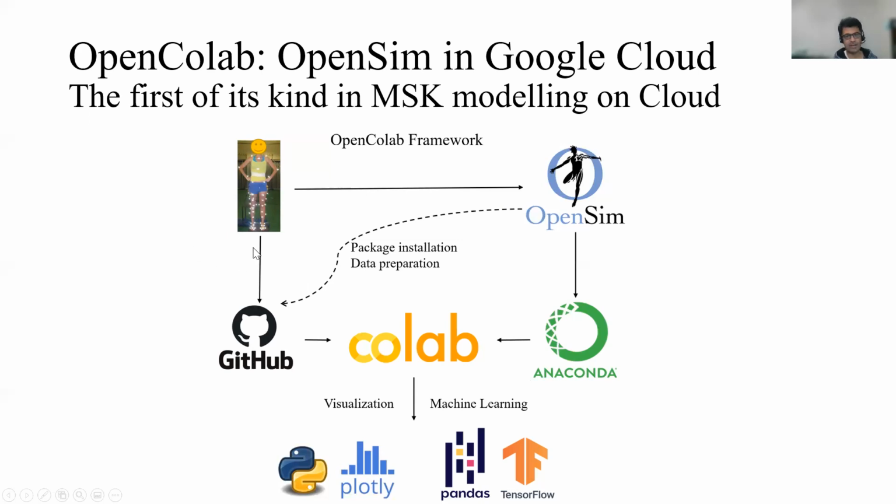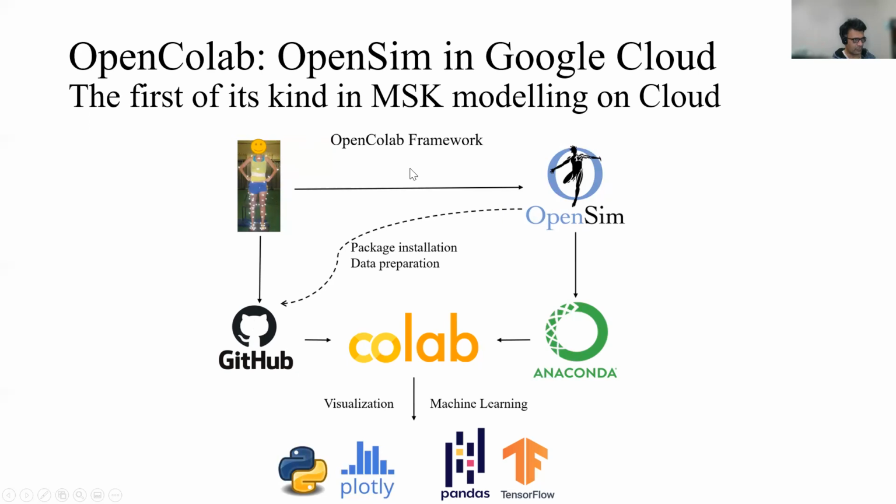GRF, kinematics, kinetics, etc. Whatever data you have, you can import it into OpenSim, do all the inverse problem, scaling and inverse kinematics, etc. And then we bring it into GitHub, and at the same time, we bring all the files, like the generic models, into Colab, basically. And here we install OpenSim on the cloud, and then we do the rest.